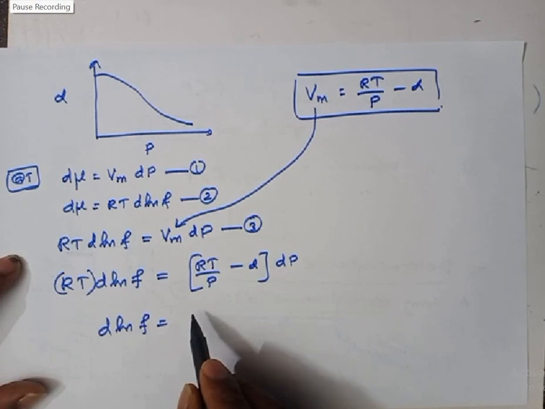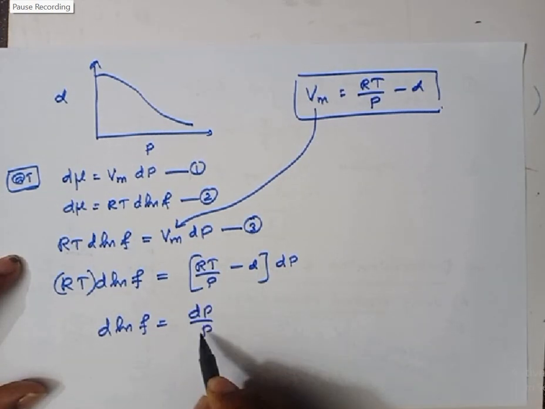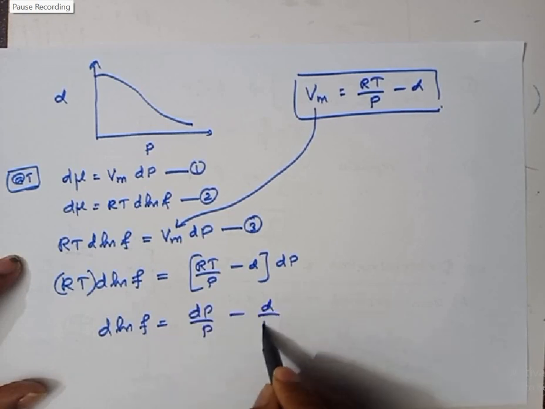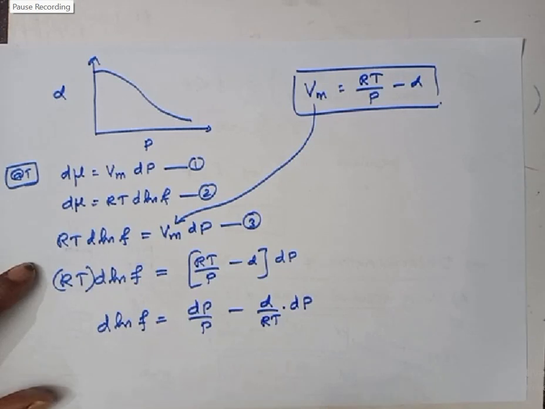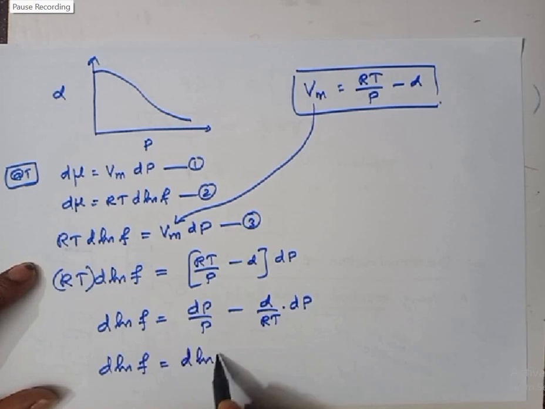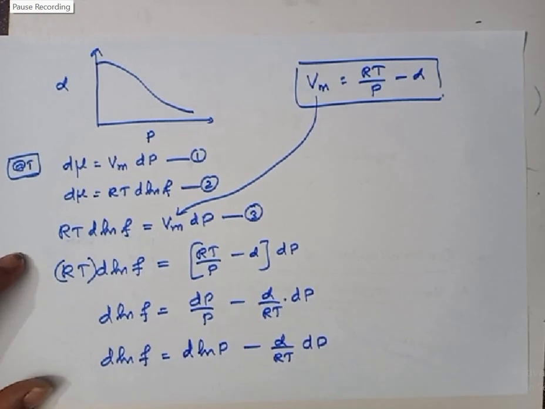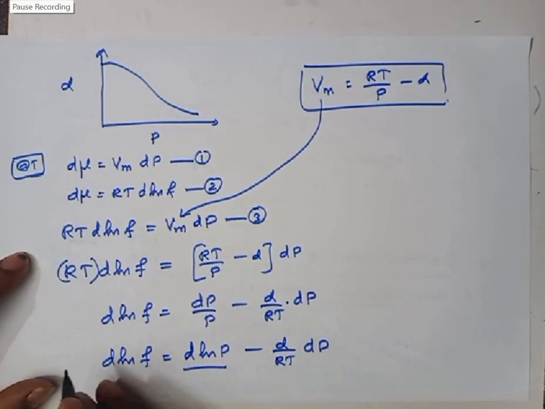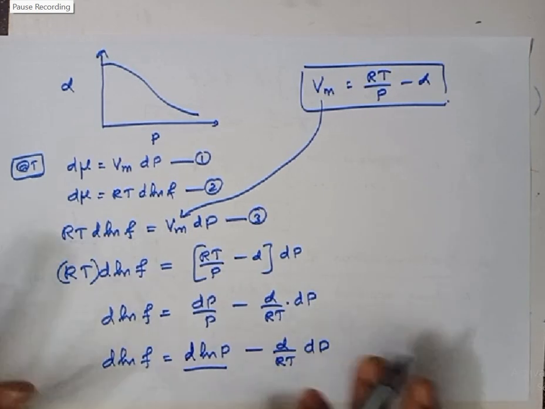So I'll get dP by P minus alpha by RT into dP. So this is d ln F. dP by P is d ln P, minus alpha by RT into dP. I'll bring this d ln P to the left hand side.